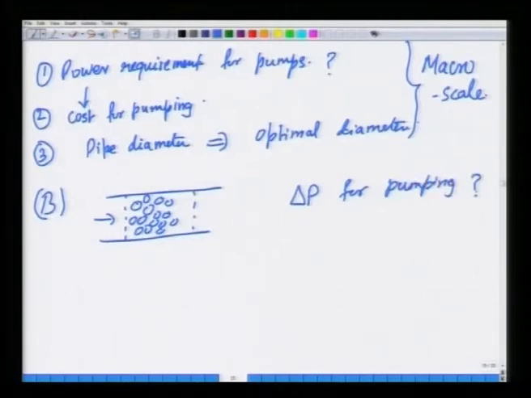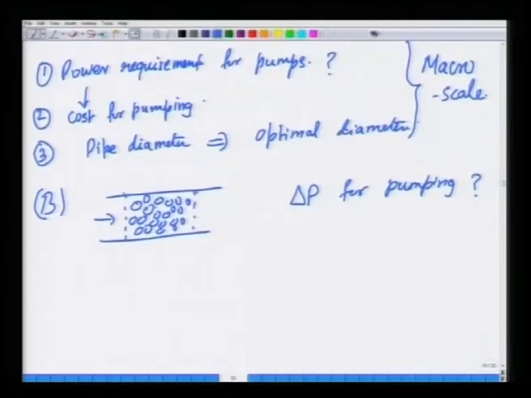Because of the particles, the fluid will face additional drag force. So, you need to know the pressure drop required to pump the fluid, and the pressure drop will also have an implication not just in the flow, but also in other factors such as chemical reactions that happen at these solid surfaces.